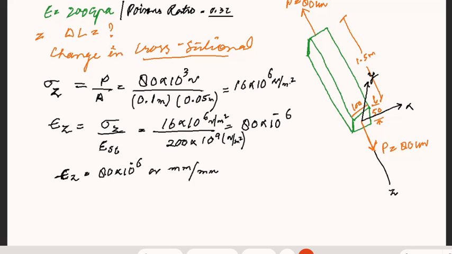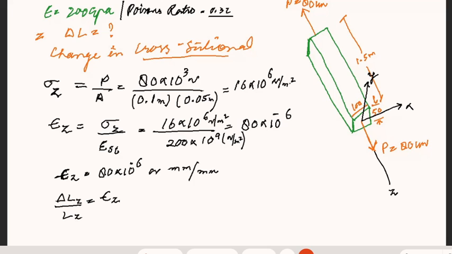Fine. Now, as already mentioned, we have to calculate the elongation of the bar, the change in its length, and the change in the cross-sectional dimensions. Firstly, elongation, that is delta L. Delta L can be simply calculated from the strain in z direction times the length in z direction.